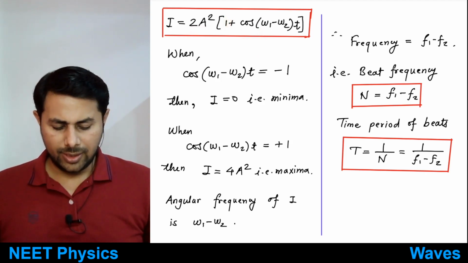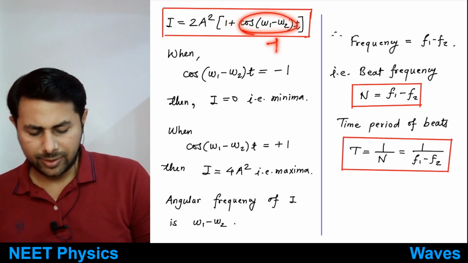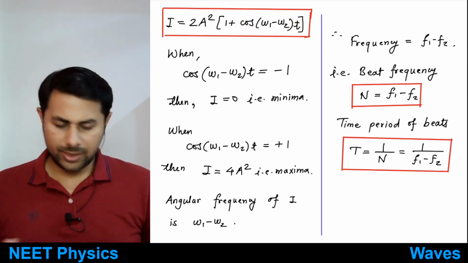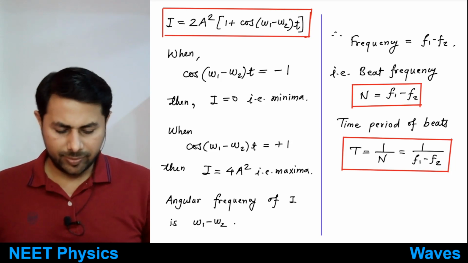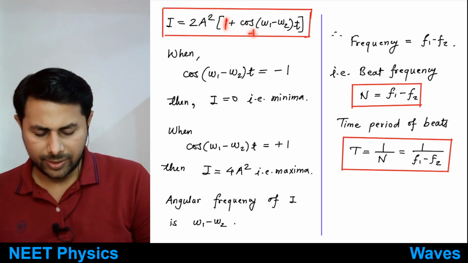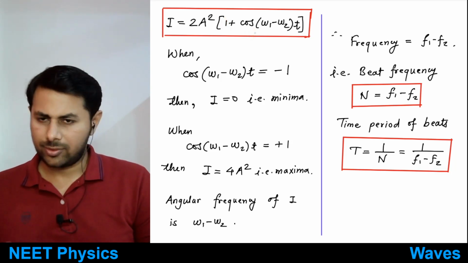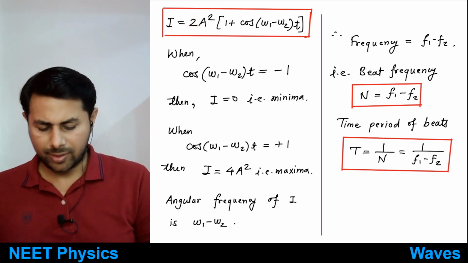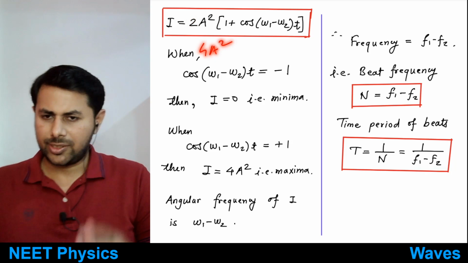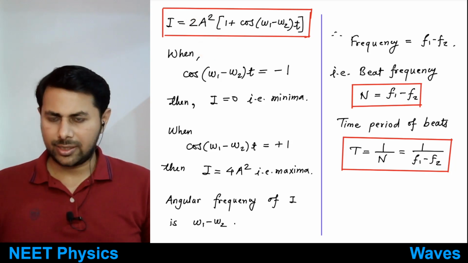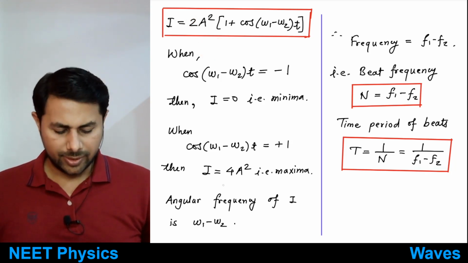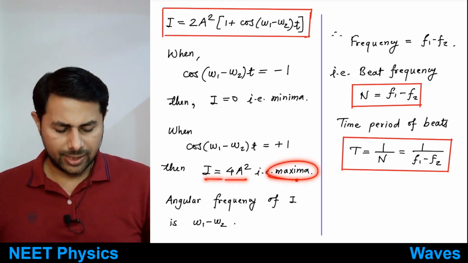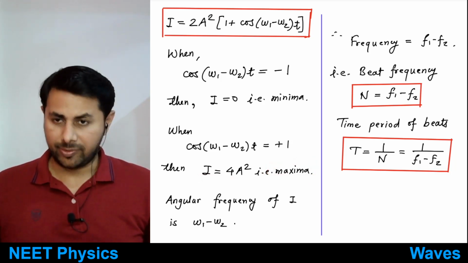And when this is equal to plus 1, then the resultant amplitude is maximum, because it will be 1 plus 1, that is 2 times this thing. It will be 4a squared. So resultant amplitude would be maximum, resultant intensity would be maximum, right? So 4a squared, that is you have maxima.